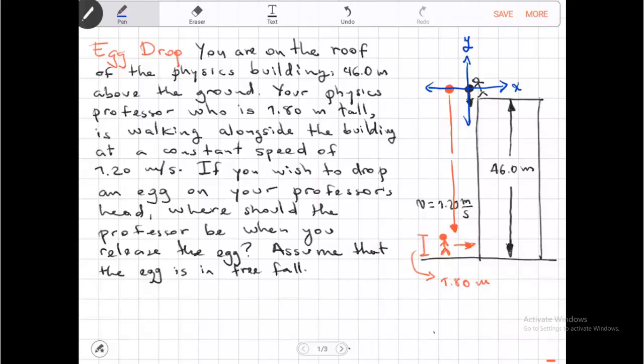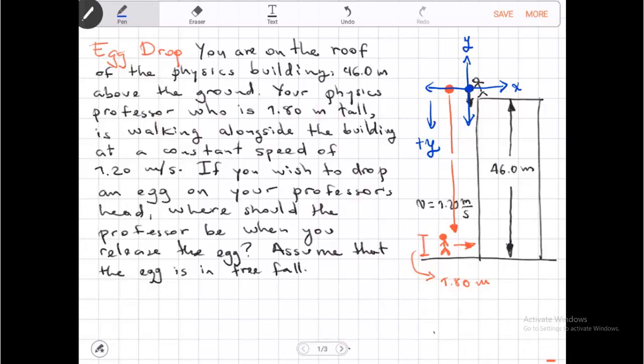We are taking the origin of coordinates just on top, at the point where the egg is released. The movement of the egg downwards is going to be taken as positive, right? Because we are taking the origin at this point.